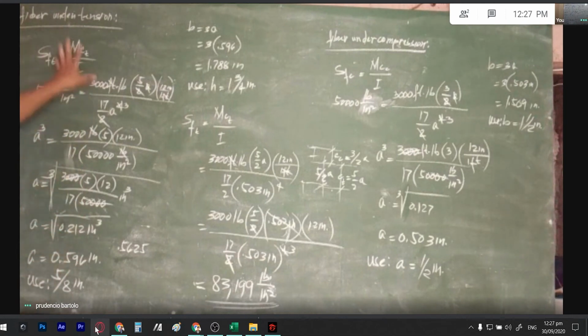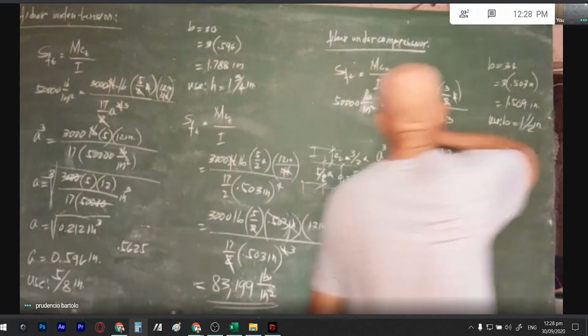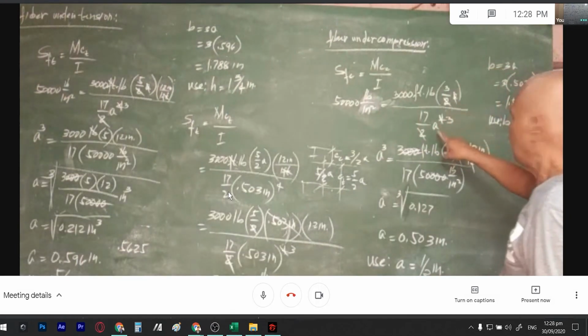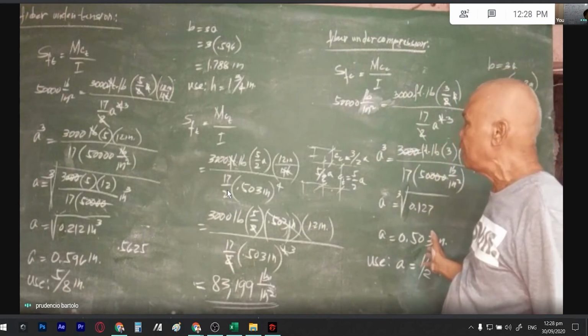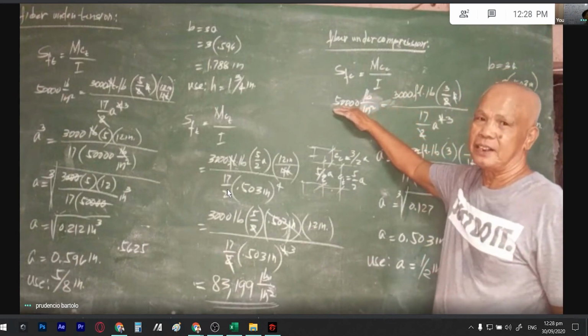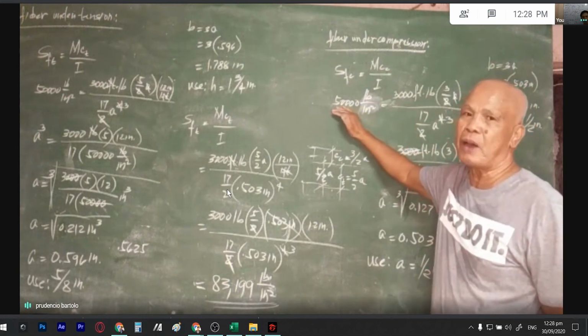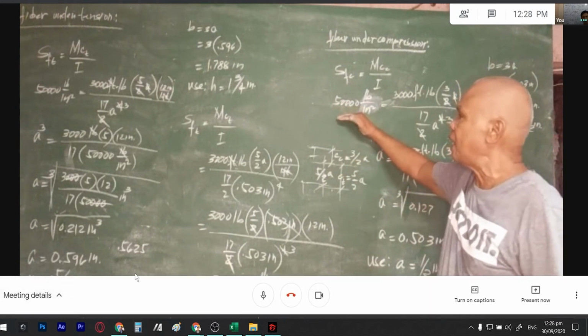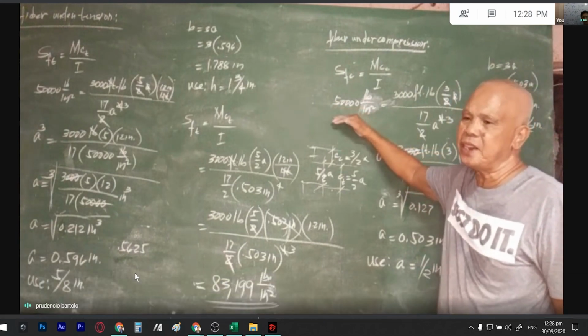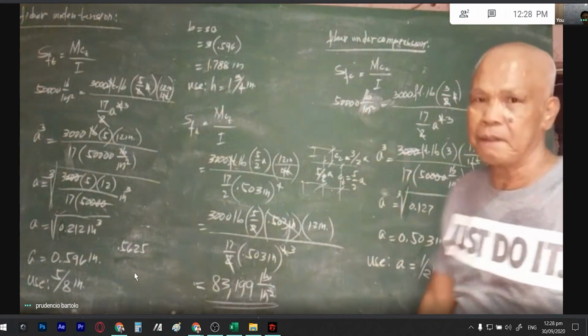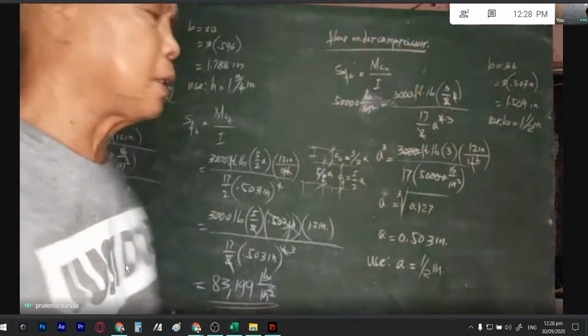So this statement here is safe. If we substitute this value, 0.596 here on A, the stress that we will have is less than 50,000 pounds per inch square, which is a safe stress.